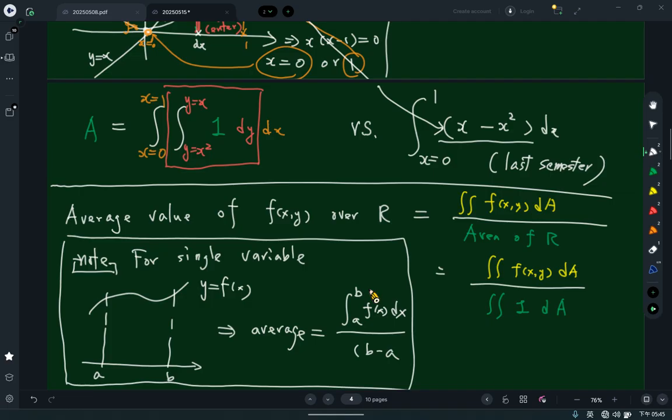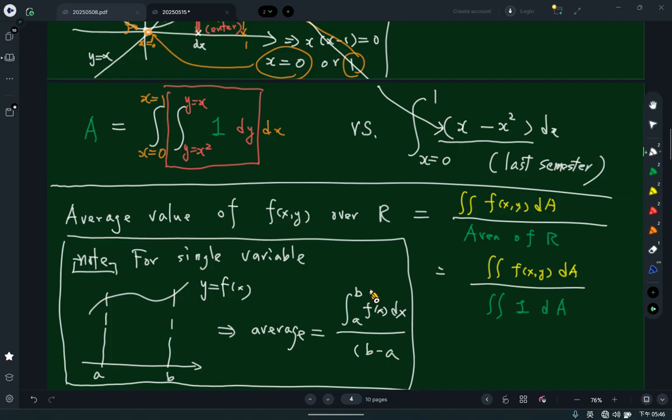If you want to calculate the average, we just calculate the area first. Actually, I cannot say it's area because the function could possibly be positive or negative. So we just calculate the integral from a to b, divided by the length of the interval. Then you can get the average value. So it just extends the idea to two variable functions.